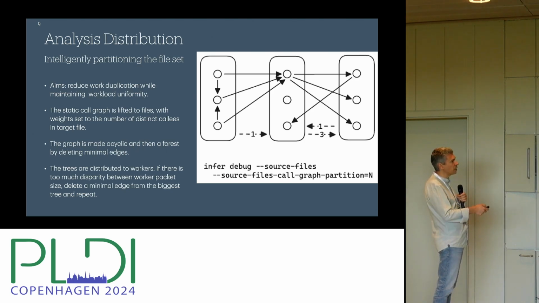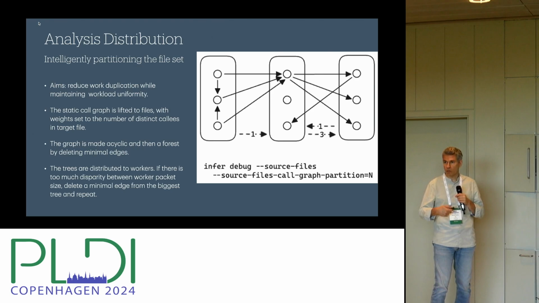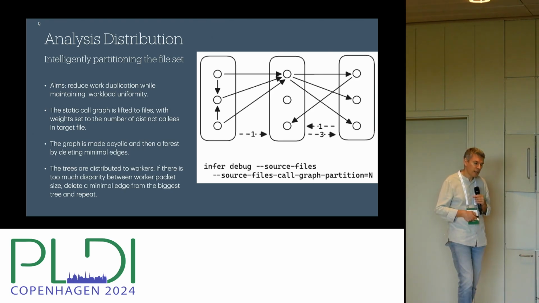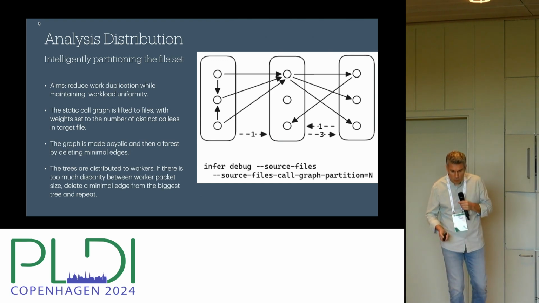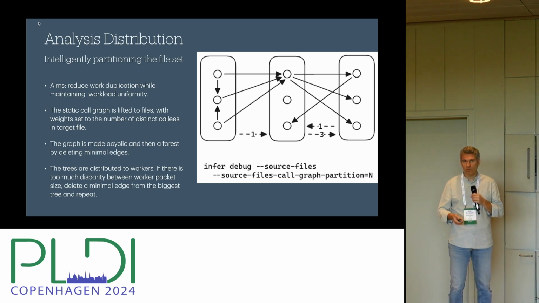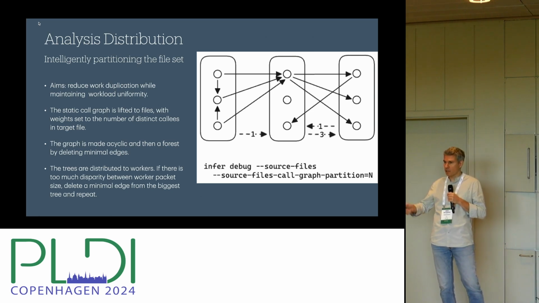And we are going to build a version of the static call graph, but on files, not on procedures. And the main reason for this is that we're using all the machinery we have. We're not really able to schedule specific, to ask for specific procedures currently.